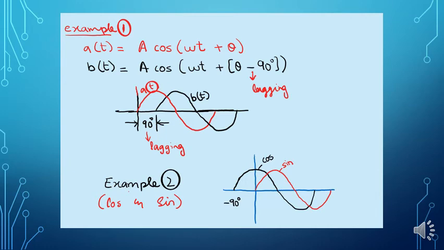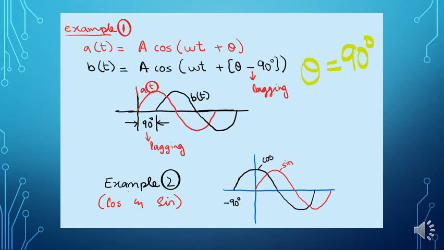It starts after the previous signal. It starts after a of t, so b of t is lagging a of t, and here the value of the angle is 90 degrees. So b of t is 90 degrees lagging from a of t.